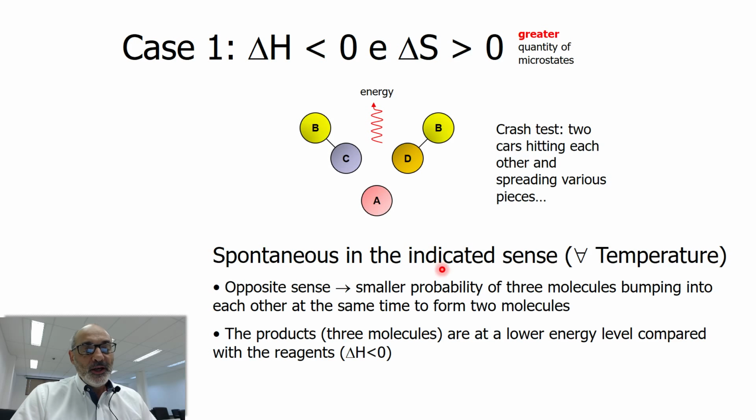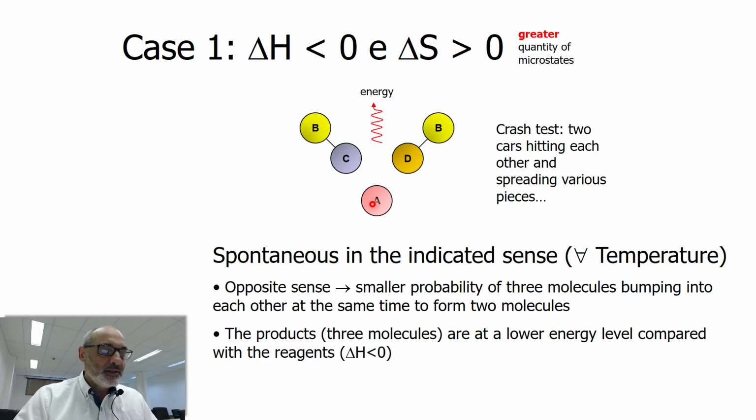If it's spontaneous in the indicated sense, then in the opposite sense you have a smaller probability of three molecules bumping into each other at the same time to form two molecules. So the process should be non-spontaneous. It's like reversing the movie. You have parts of a car bumping into each other at the same time, assembling the car before the crash.